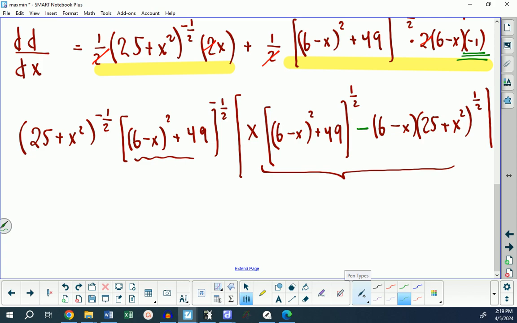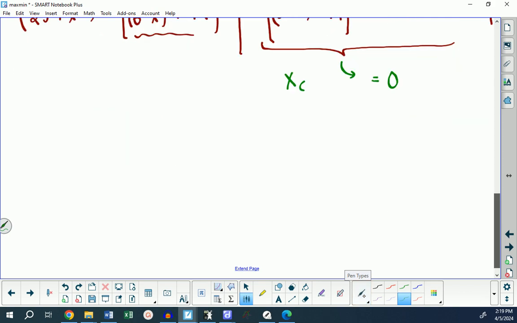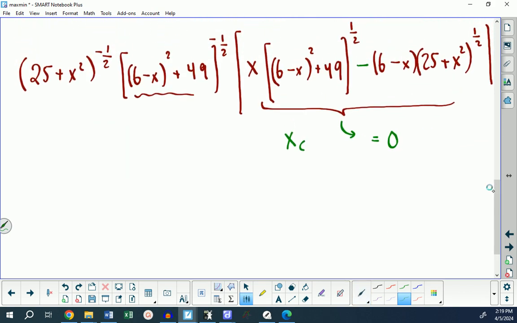Anyway, so this, to find critical values of x, this must be equal to 0. But if that's equal to 0, since it's one term minus this term, not sure what happened there, my coat must have touched the board, these two things must be equal to each other.